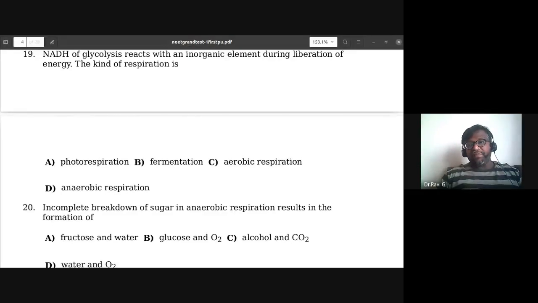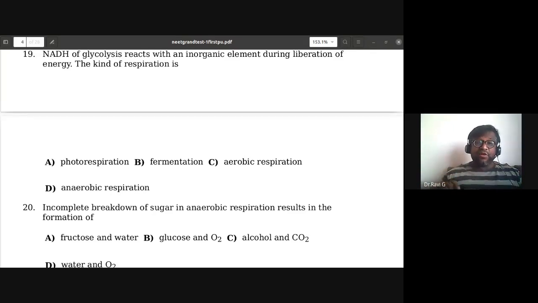It happens in the terminal oxidation, or we also call it oxidative phosphorylation or electron transport chain. During that process, one NADPH2 molecule is broken down to release 3 ATP molecules, isn't it? So energy rich molecules are converted into ATPs. That happens during the electron transport system.